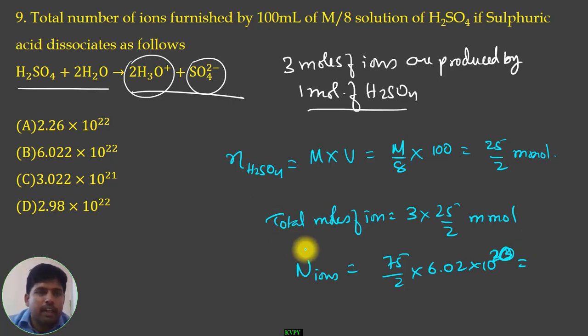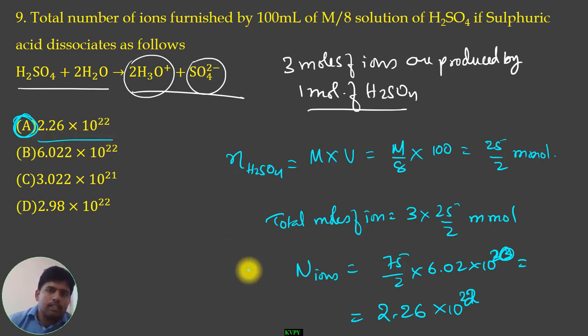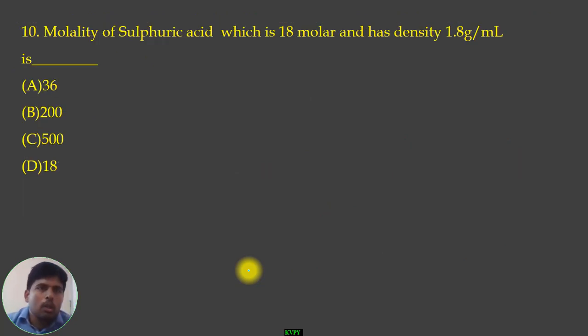So 2.258, so it's equal to 2.26 into 10 power 21. Is it 21 or 22? It's 22. So it's option A, 2.26 into 10 power 22. That is the answer. So let us move on to next question.